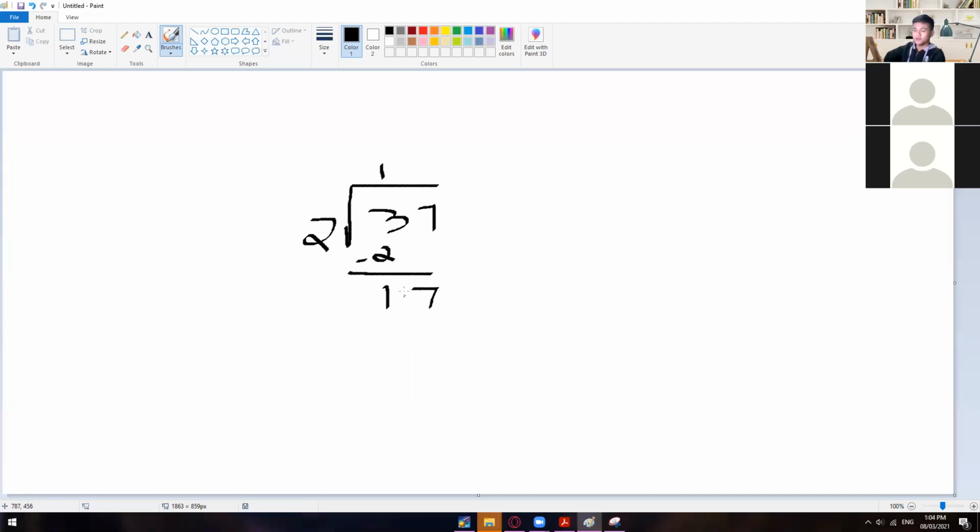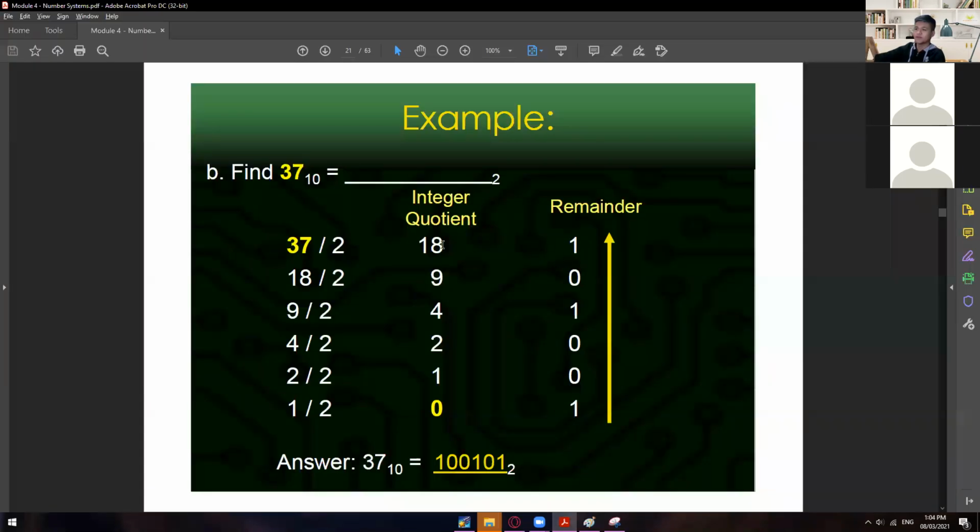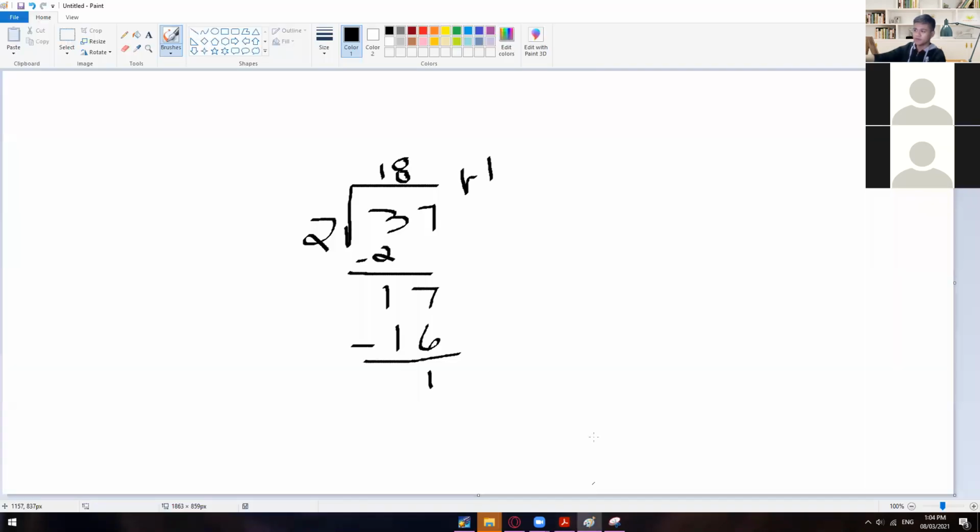So 7 divided by 2 is 3, and 2 times 3 is 6, so 7 minus 6 is 1. So remainder 1. Alright, so that's how we've got the integer on the quotient part and then 1 as your remainder. So I hope that I was able to answer your question, Miss Dulay.